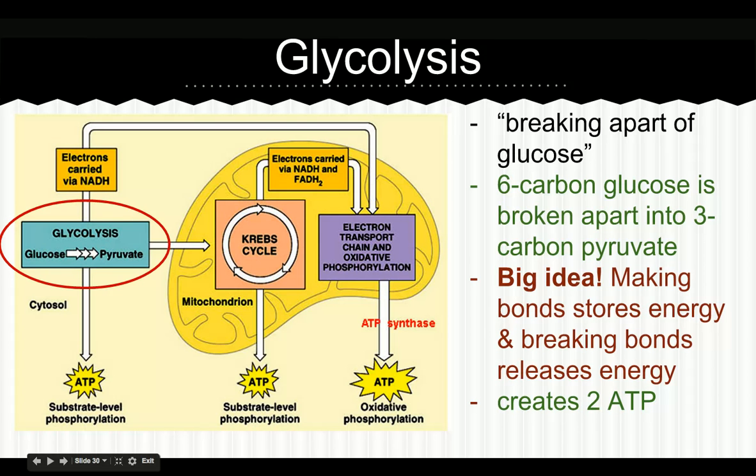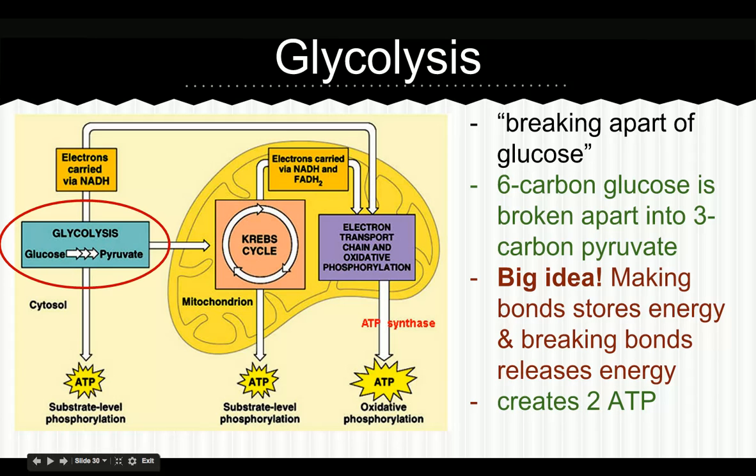You'll notice there's another arrow that comes across the top, and it says electrons carried via NADH. Now, in addition to using energy from breaking apart these carbon molecules to make ATP, the cell is also going to store a little bit of energy in a high energy hydrogen. So if you notice right here, NAD, that H that's on the end right there, that is a hydrogen that is carrying a lot of energy in it.